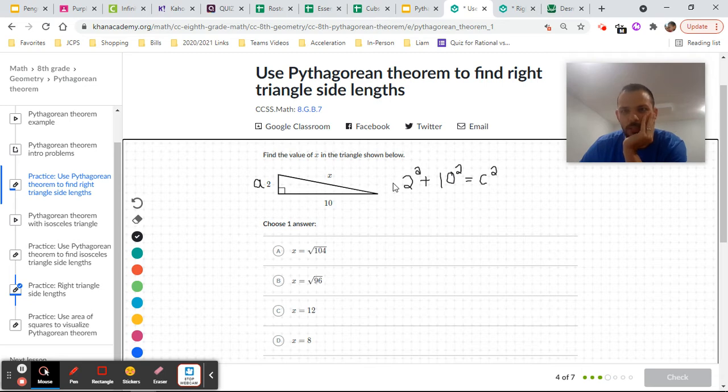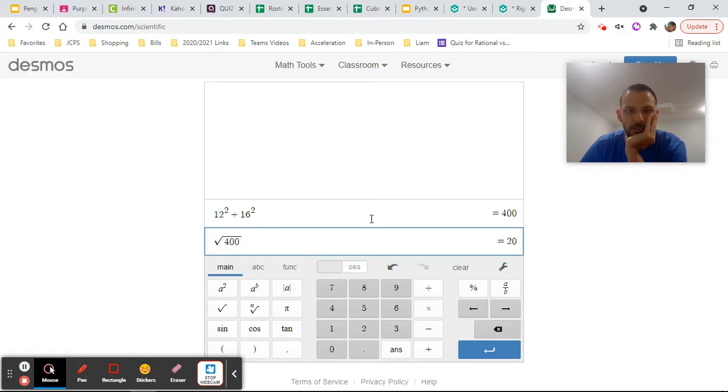Here's another way that might speed up this process a little bit. If I take the square root of both sides, the square root of 2 squared plus 10 squared is equal to our C. So maybe this will speed things up. Let's try it out.